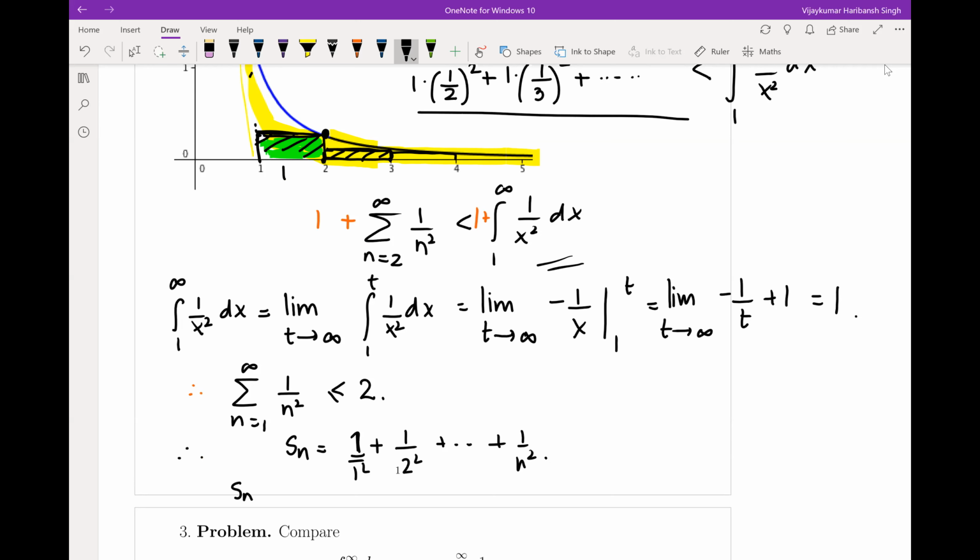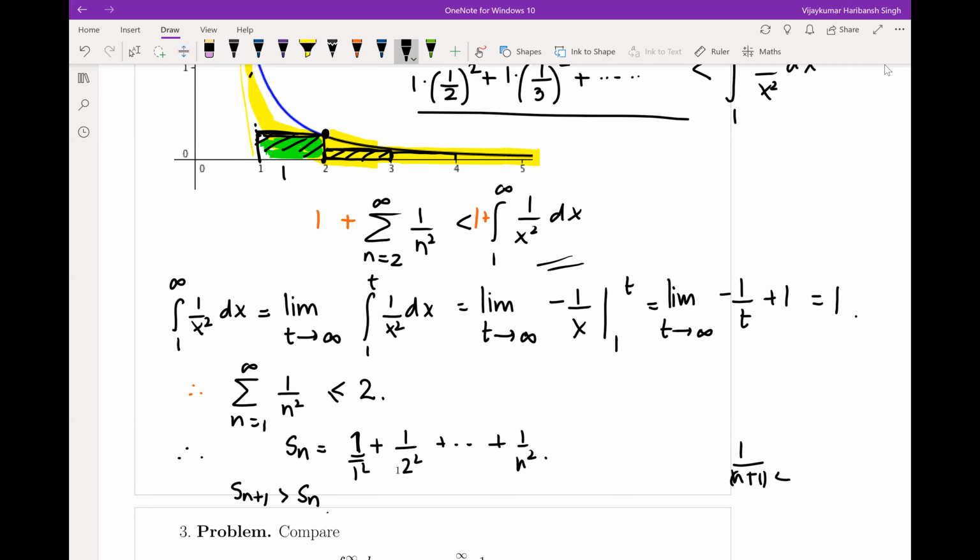Because Sn plus 1 is bigger than Sn, because after all, you're adding one extra term, 1 upon n plus 1 square, in Sn plus 1. So Sn plus 1 is bigger than Sn.